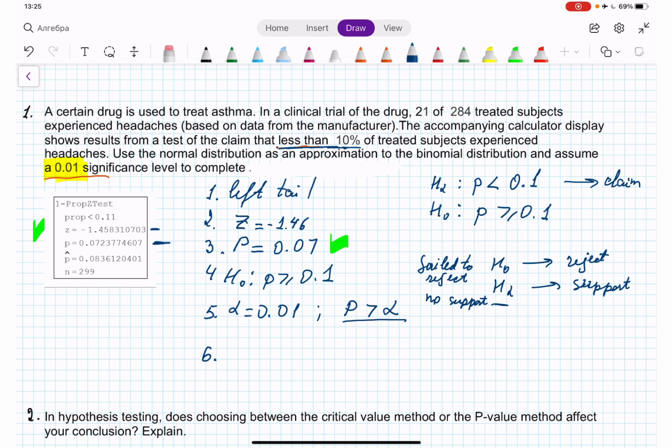Because the verb I have to use with alternative is support, okay? And the verb I have to use with null is reject. Therefore, how to put the final conclusion for that? If I'm not supporting, then I'm saying not sufficient evidence to support. The meaning is the same, we don't support.